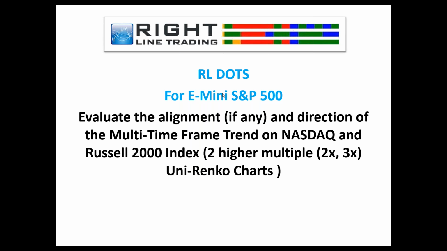Now, I'm going to give you the example on the E-mini, but I'm going to show you a couple of stocks as well. It's operational for stocks, futures, and Forex. So in other words, to evaluate a trade on the E-mini, in our little neural net, we have a little one and a big one, we have to look at the direction of the NASDAQ and the Russell.